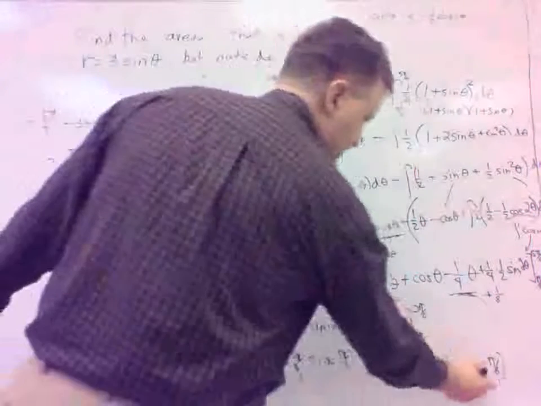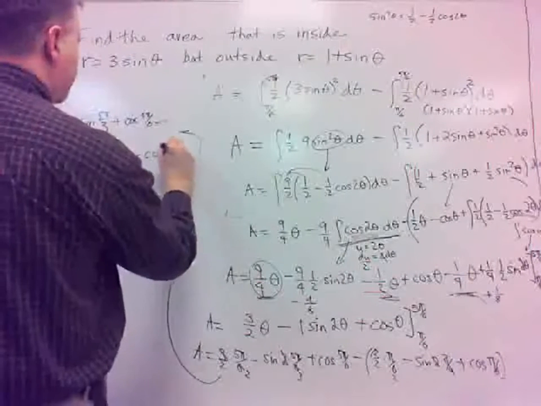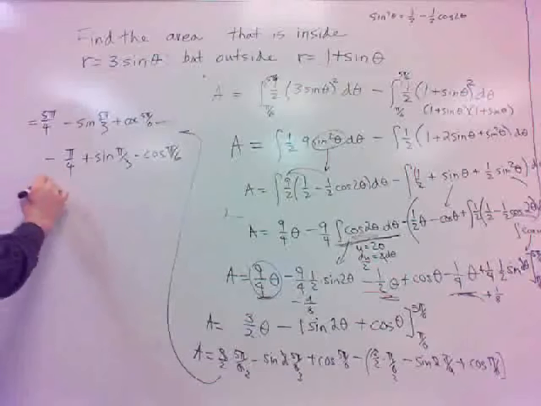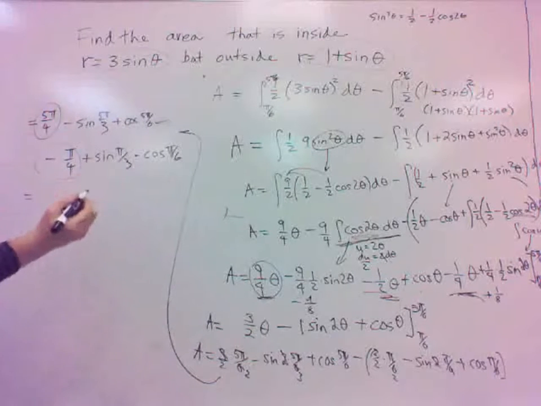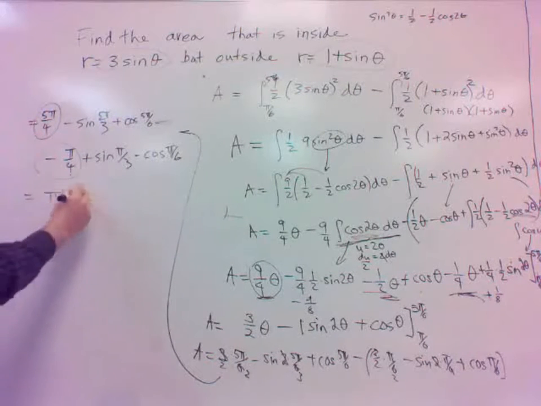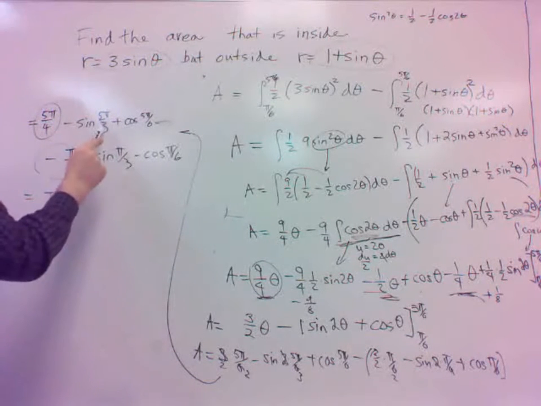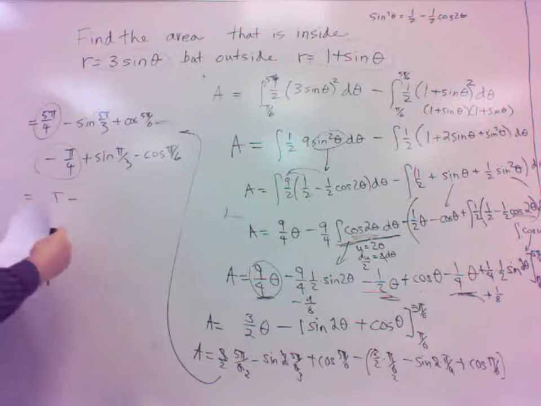And then minus, so it'll be minus cosine pi over 6. All right. Well, we've got 5 pi over 4 minus pi over 4. It's 4 pi over 4, which is pi. Minus 5 pi over 3. That's going to be 60 reference, so that's square root of 3 over 2.